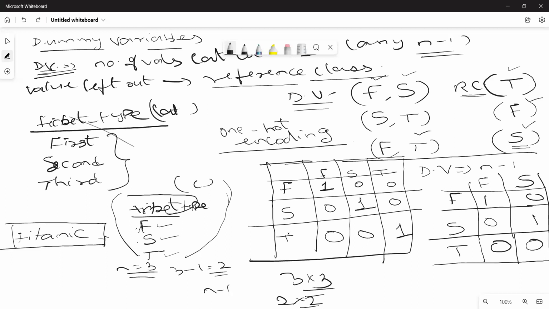So that is the reason why the formula is n-1 for the list of dummies, and the one which is missing is called the reference class. Is this clear to everyone?